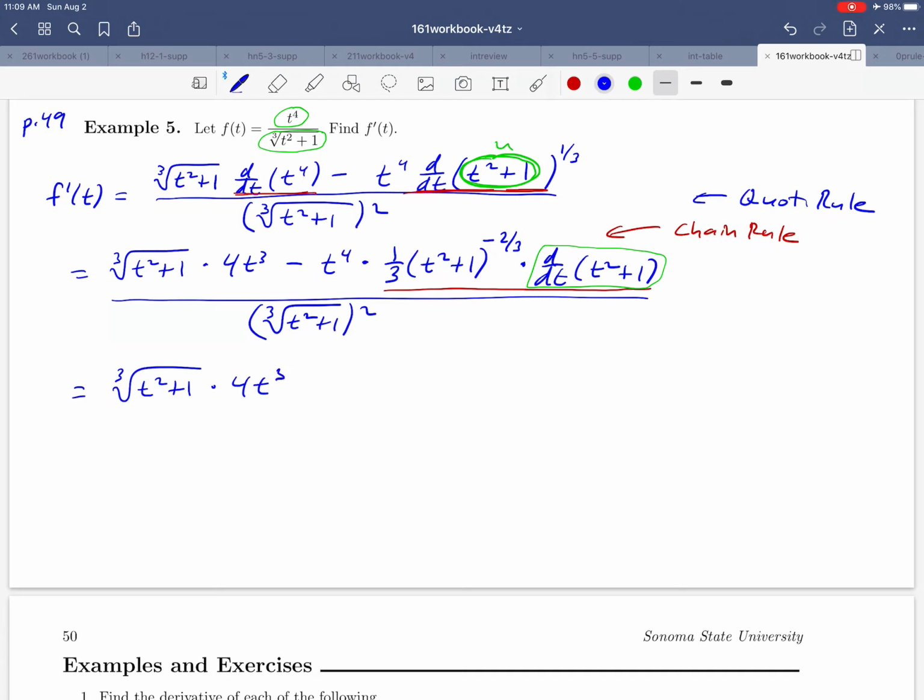So we'll rewrite the parts that we're already done with: minus t to the fourth times 1/3 times t squared plus 1 to the negative 2/3. And then we come to the derivative of t squared plus 1. That's just going to be 2t by the power rule, over the denominator squared.